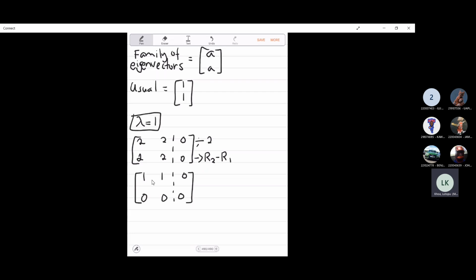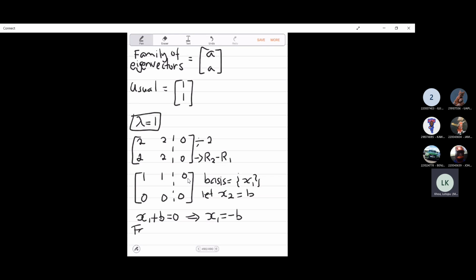Then here again, you can pick your basis. So basis will be x1, and then you let x2 equal to b. So looking at this, I have x1 plus b is equal to 0. This means that x1 is equal to minus b.